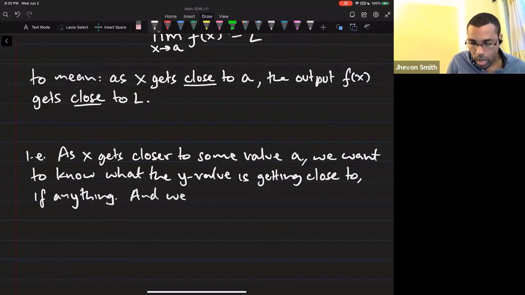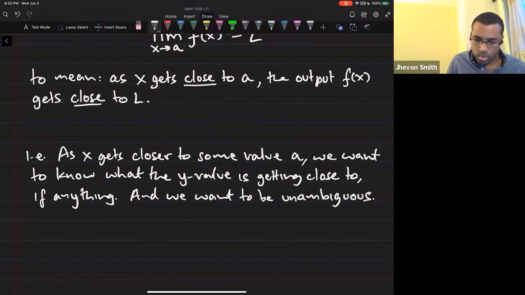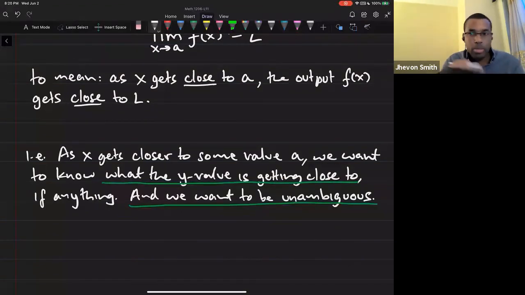And we want, and you'll see this come up later, to be unambiguous. So what is the y value getting close to is what we want to be able to answer. And we want to answer that unambiguously, right? Meaning that everyone else should be able to work out the problem and get the same answer that you're getting. Everyone will agree. There's no ambiguity. You don't have to debate with anybody. You can't say, well, maybe it's this, and someone else can have an argument why it's that. No, there's no argument. This is the answer, right?